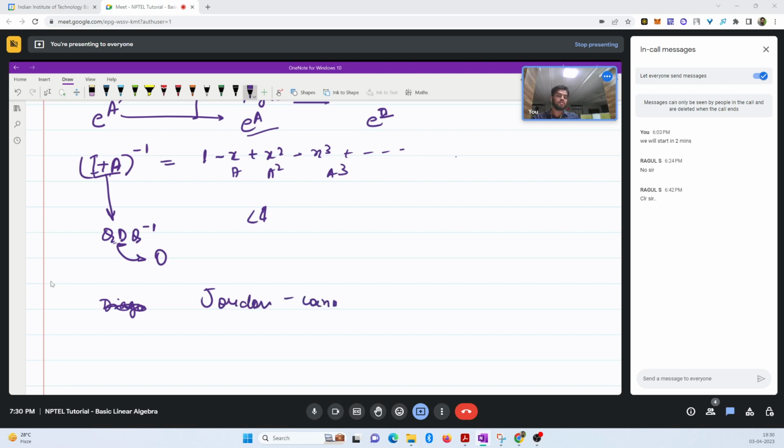Those are not as good as diagonalizable matrices, but you can find Jordan canonical form for any matrix. Few matrices are diagonalizable, few are not, but Jordan canonical form exists for any matrix, though not as good as diagonalizable forms.